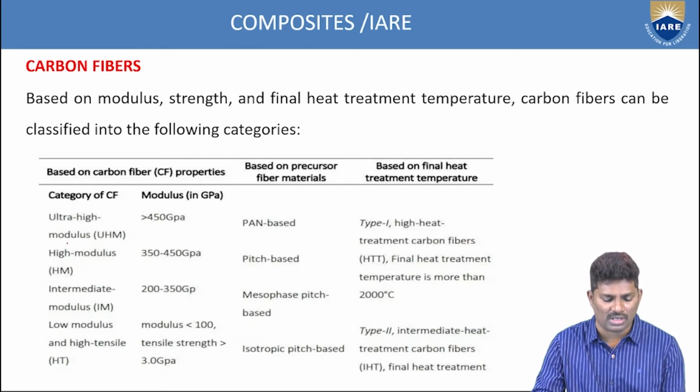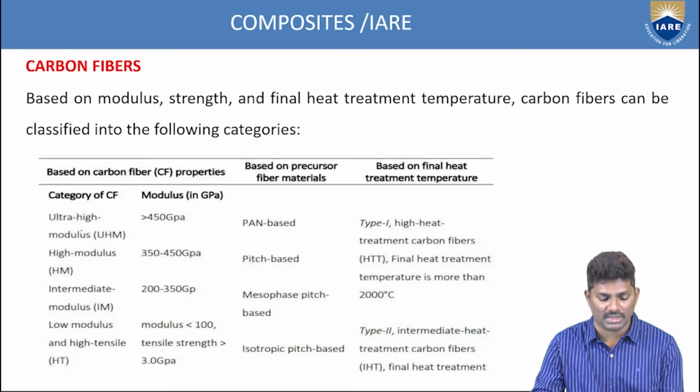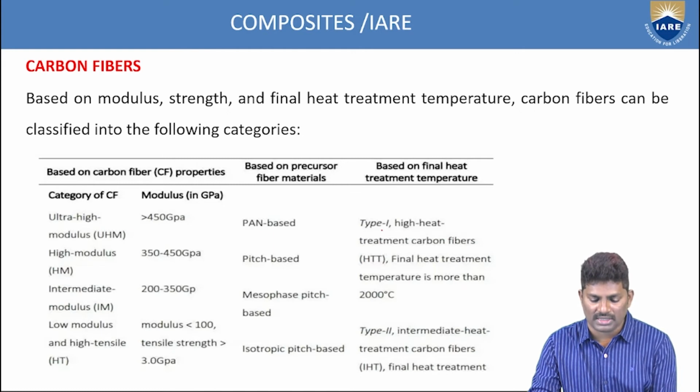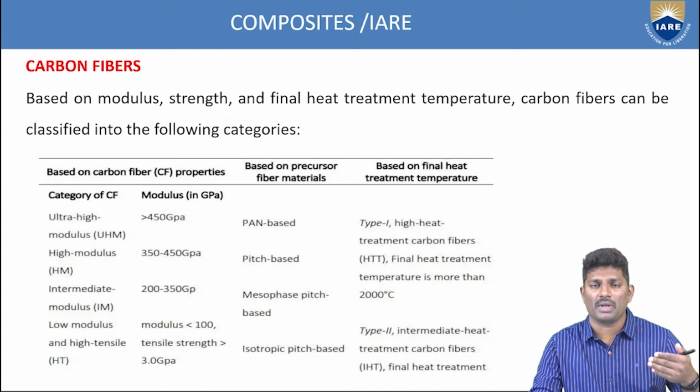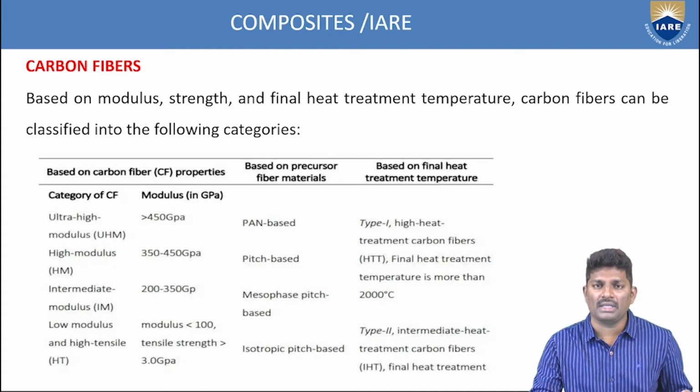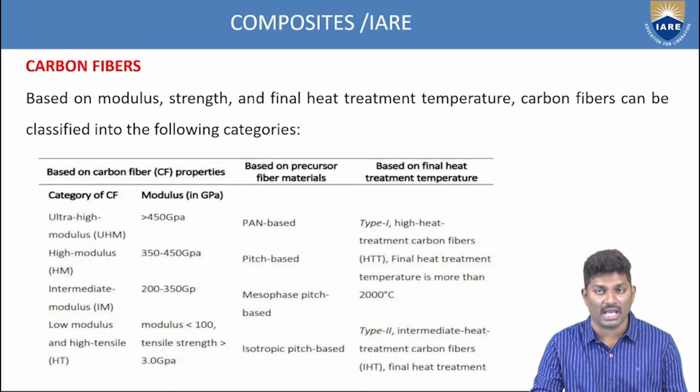Ultra high modulus, UHM, has 450 gigapascals of modulus of elasticity, and it comes under type 1 heat treatment of carbon fibers. Depending upon the property, these carbon fibers have been classified like UHM, HM, that is high modulus, intermediate modulus, and high tensile. All these are different classifications based upon the properties.